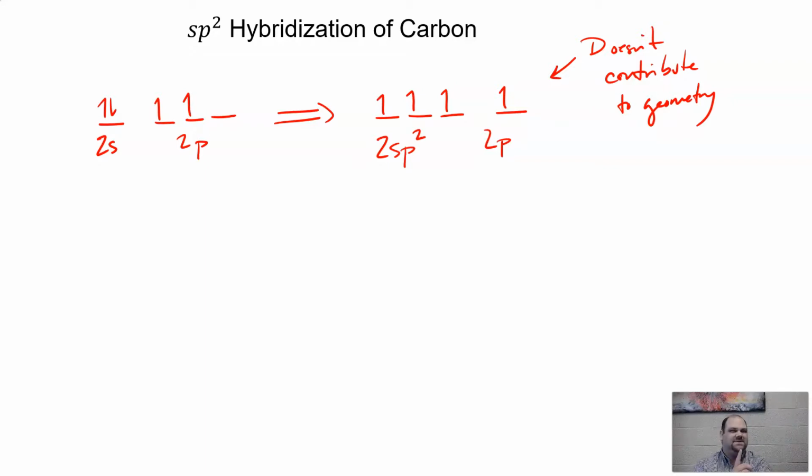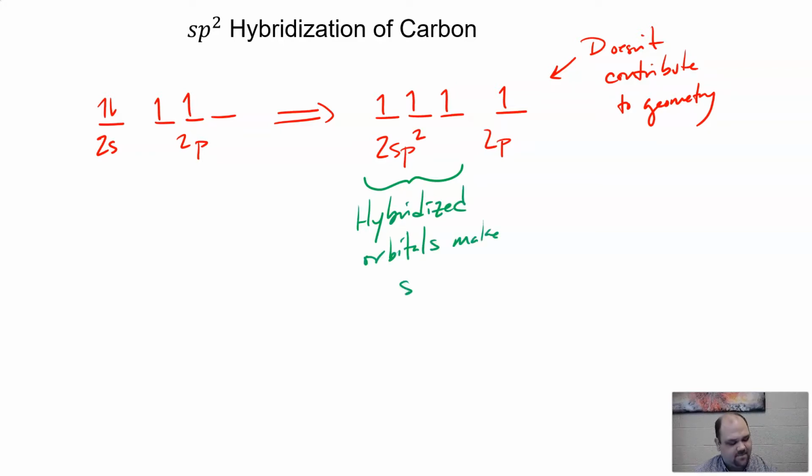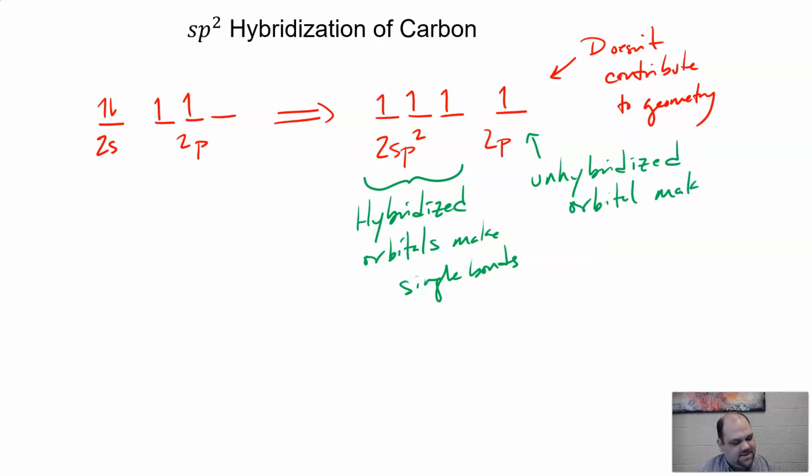And so what happens is these hybridized orbitals make all of our single bonds, and then these unhybridized orbitals, or orbital in this case, makes that double bond, or a triple bond, but in this case there's only one extra, so we can only make one extra bond.